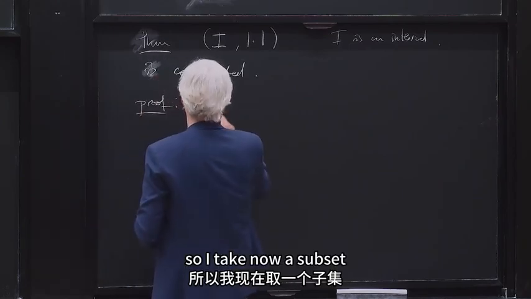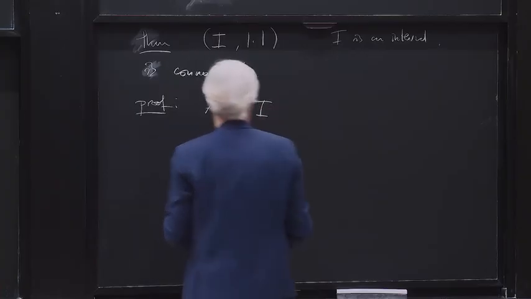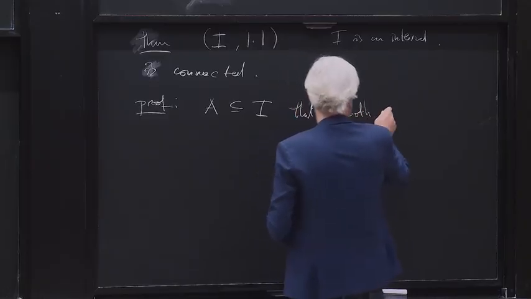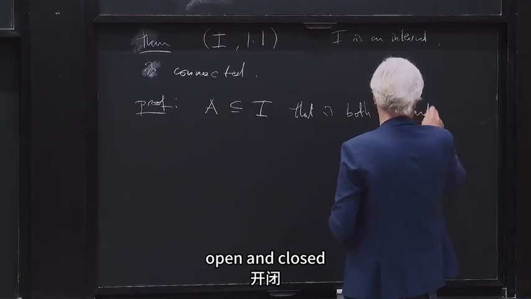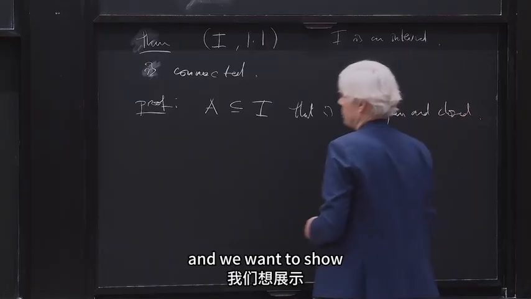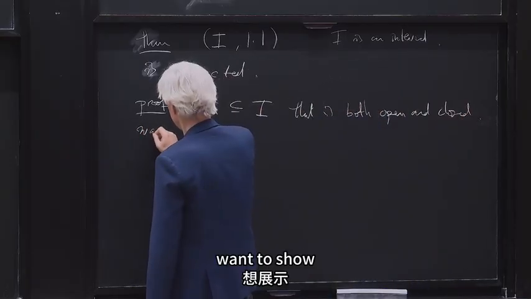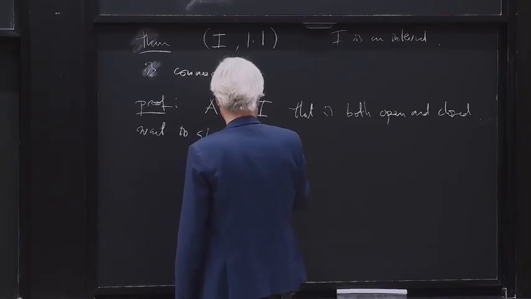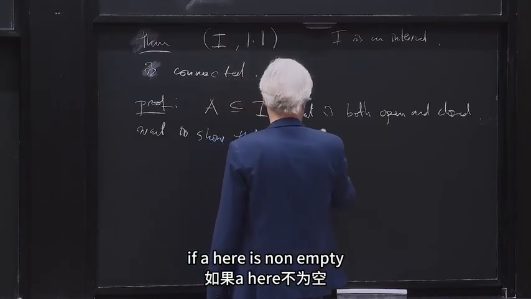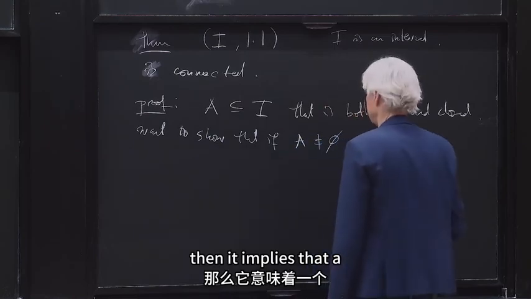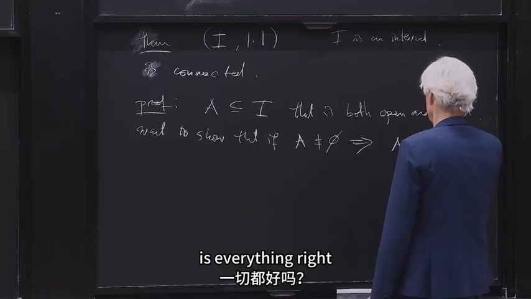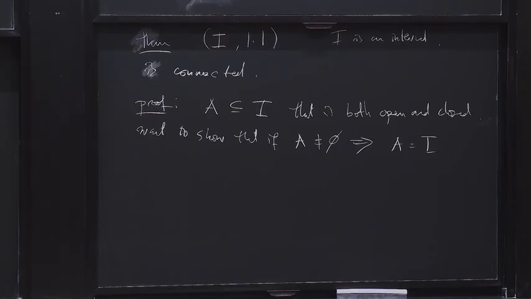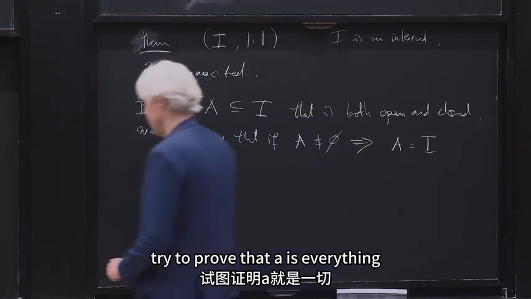So I take now a subset A here that is both open and closed. And we want to show that if A is non-empty, then it implies that A is everything, right?